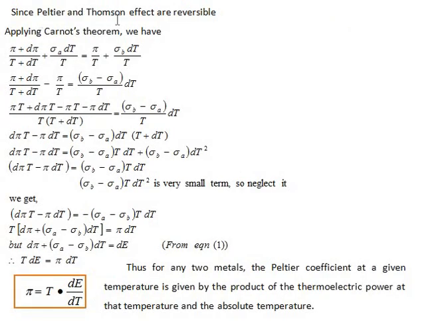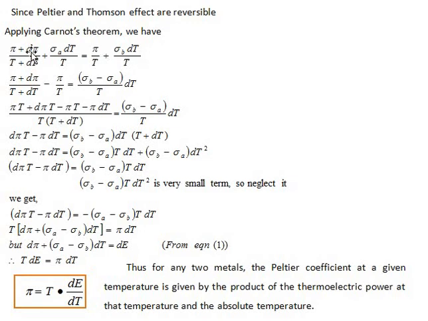Since the Peltier effect and Thomson effect are reversible, apply Carnot's theorem to these. So how we apply it: on the left side is the amount of heat energy absorbed, and on the right the amount of heat energy evolved.